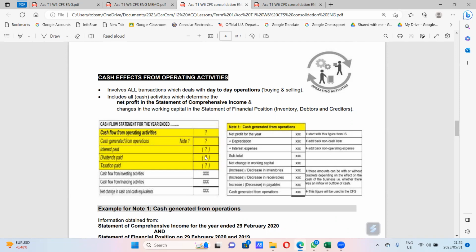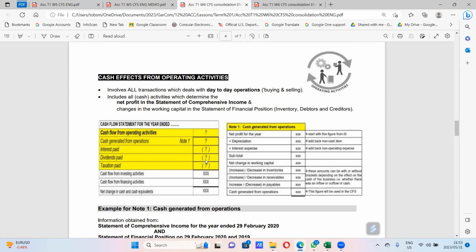There are two dividends every year that we deal with. We first have the interim dividends, which are paid out during the year. And then we've got the final dividends, which are only paid out in the following year because they are calculated after year end. So let's say this is 2020. We pay the interim dividend, and then we've got the final dividend, which we don't pay yet.